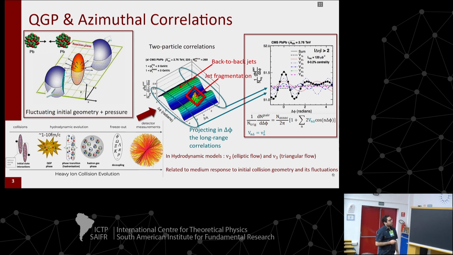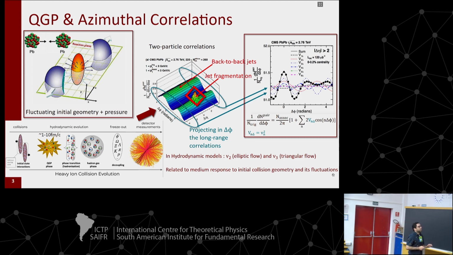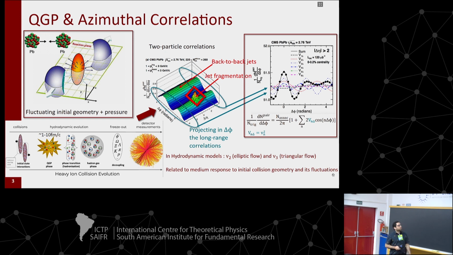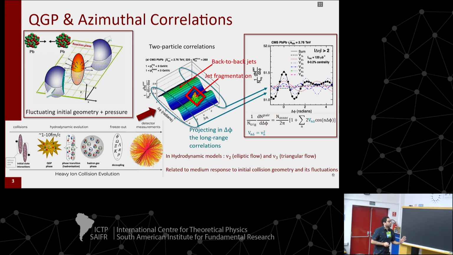This is the type of measurement that we do of this correlation, which we call two-particle correlations. We can project this at high values of delta eta, and then this projection can be parameterized as a Fourier expansion. In this Fourier expansion, we extract these flow coefficients that we call the VNs. These VNs quantify our correlations.